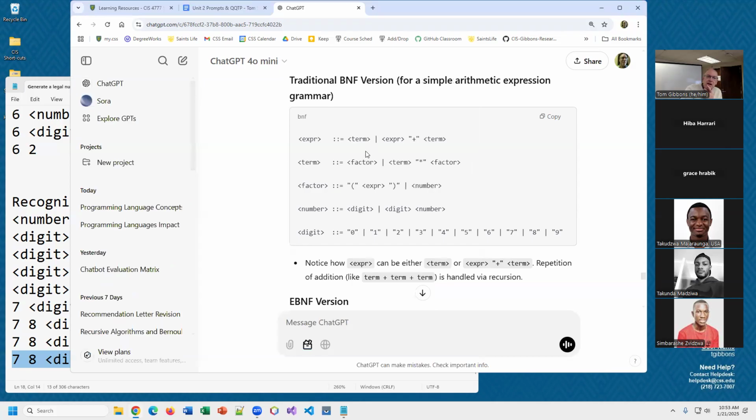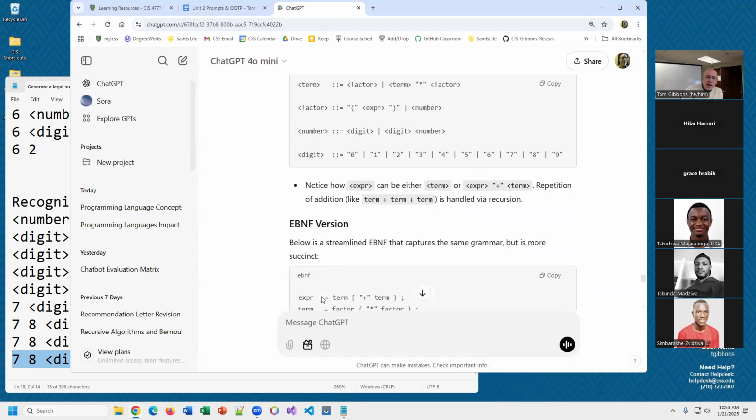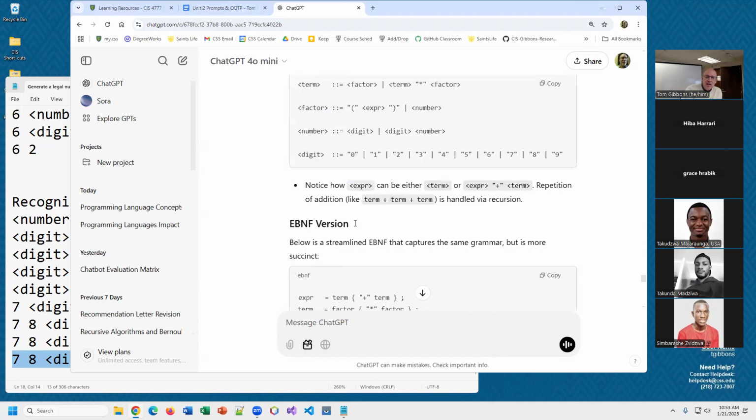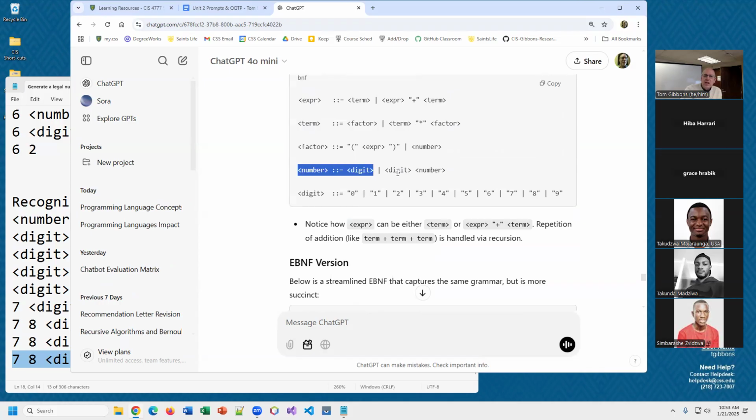The other thing is to pay attention to BNF and extended BNF, eBNF, and see the difference. Here you'll see number is assigned, colon equals, digit or digit number, so we can see that repetition.